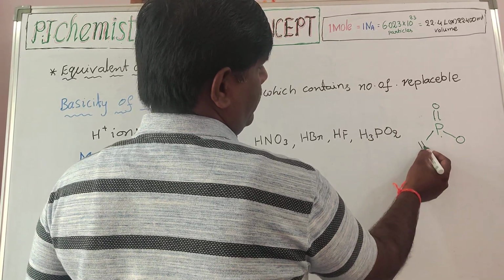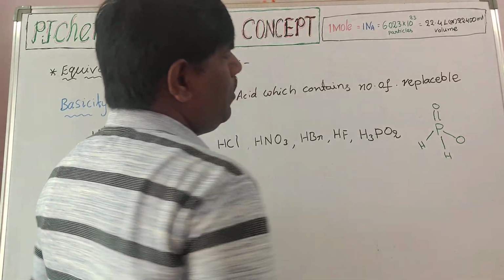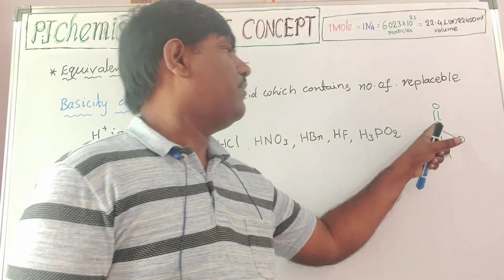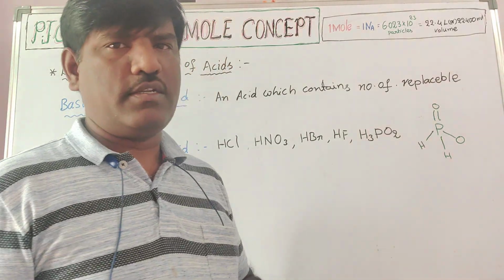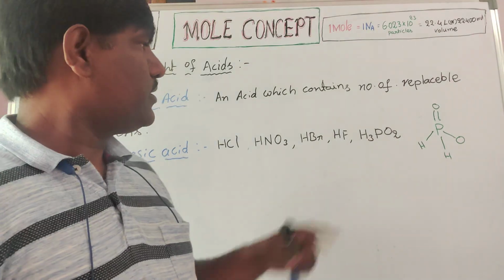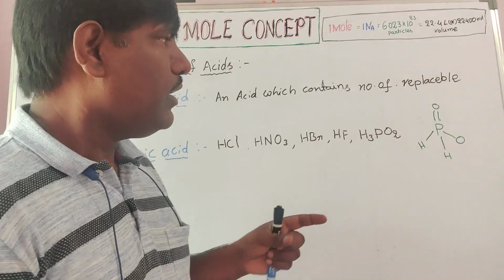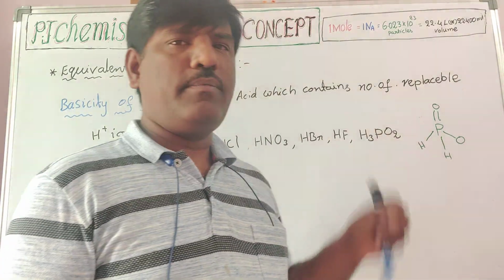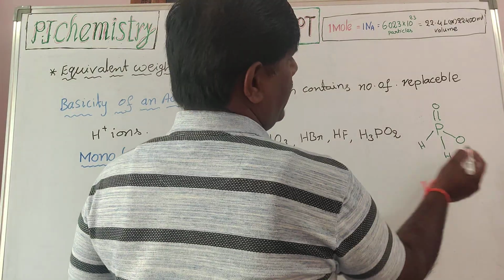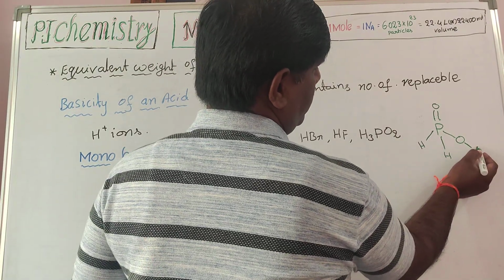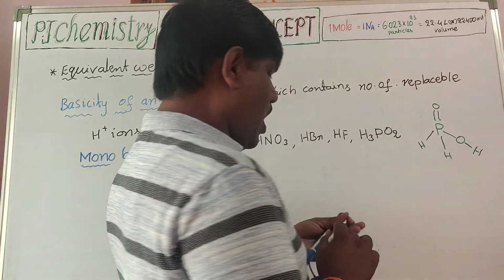One hydrogen with one electron, and one more hydrogen with one electron. So all 5 valence electrons of phosphorus are bonded with atoms, but still one more hydrogen is there. Here oxygen has only one bond, but oxygen's valency is 2, so it should get 2 bonds. So the other hydrogen forms a bond with the oxygen.